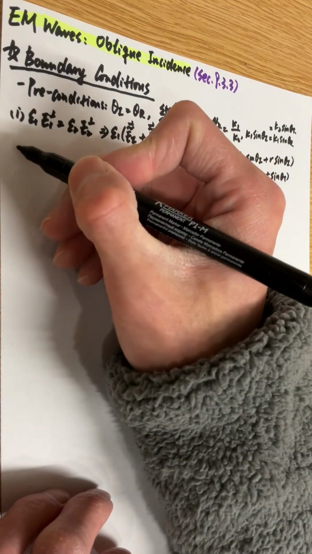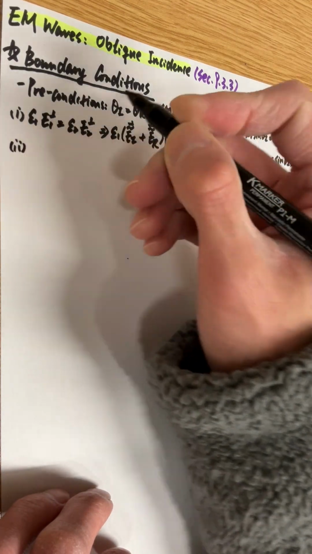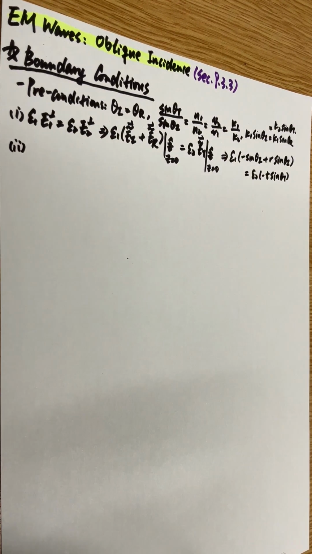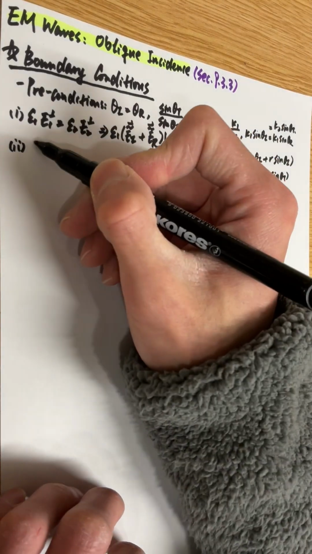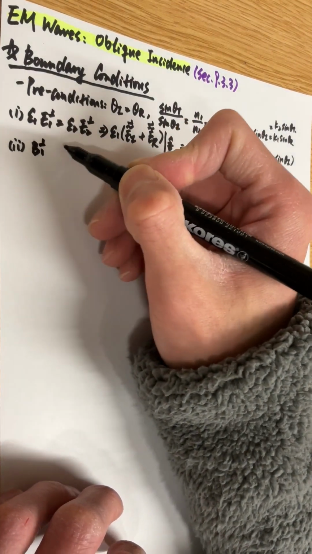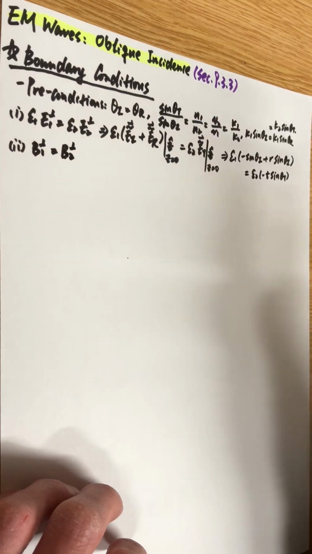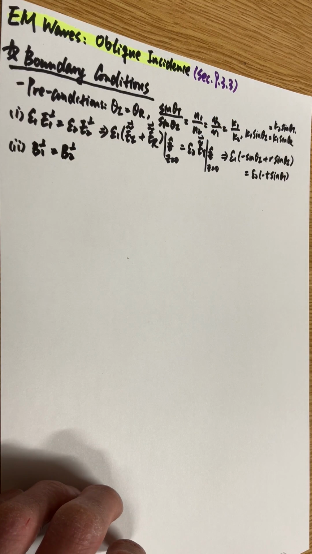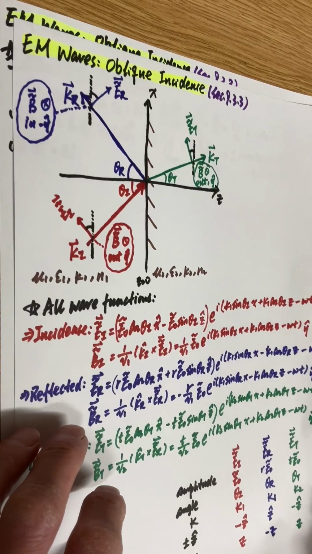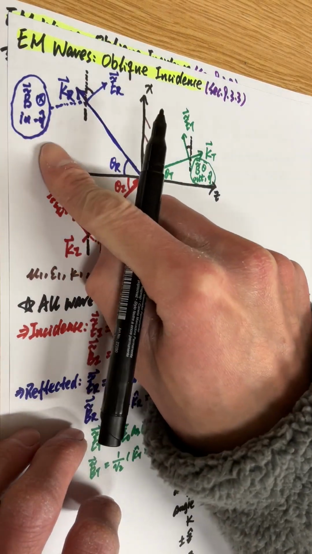So now let's check the second boundary condition. We have B1 normal component equals B2 normal component. This is actually trivial because B doesn't have a normal component.